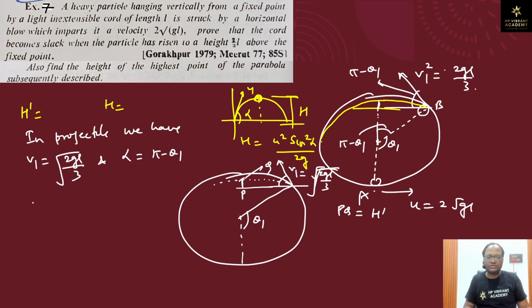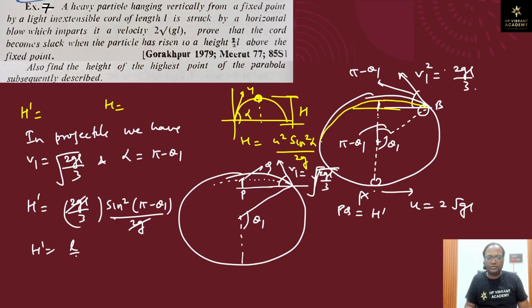So let us solve this. We have height h is equal to u square sin square alpha upon 2g, which gives h dash is equal to l upon 3 into sin square theta 1.